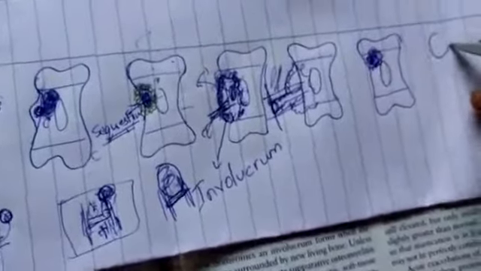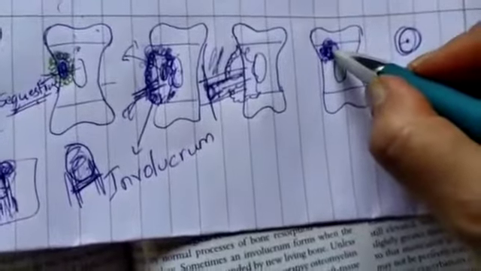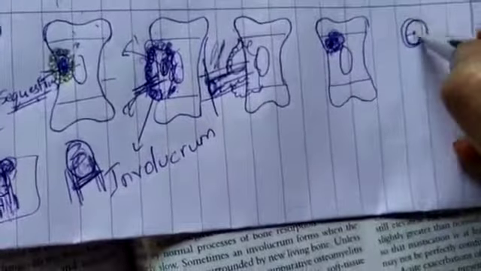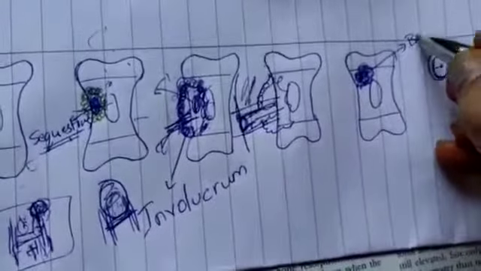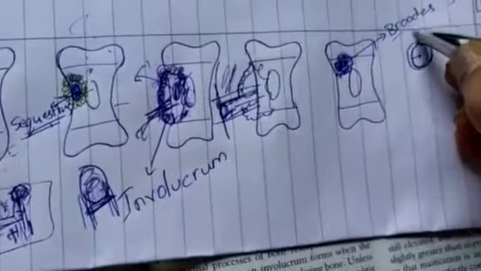So there is new bone formed and inside you have the pus, and this happens because your defense system is more active towards this particular bacteria, and this kind of thing is called Brodie's abscess.